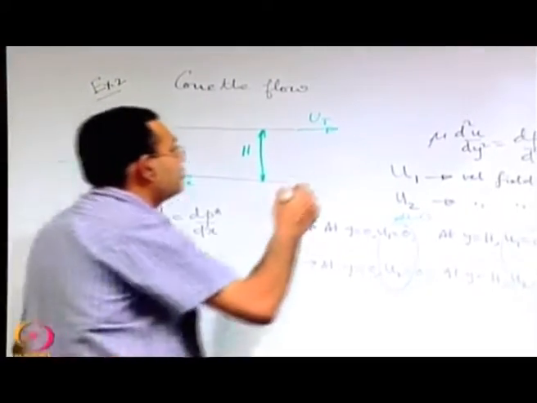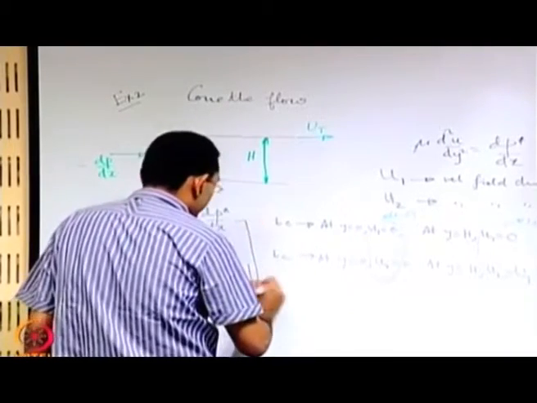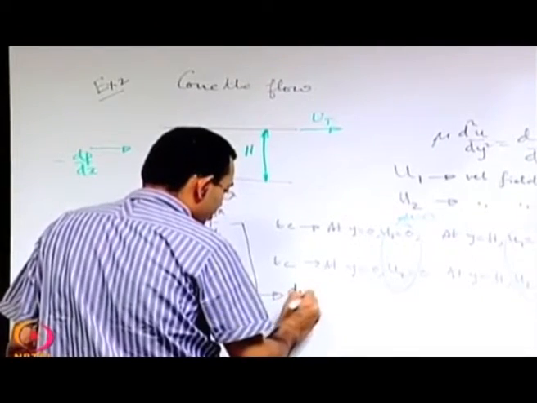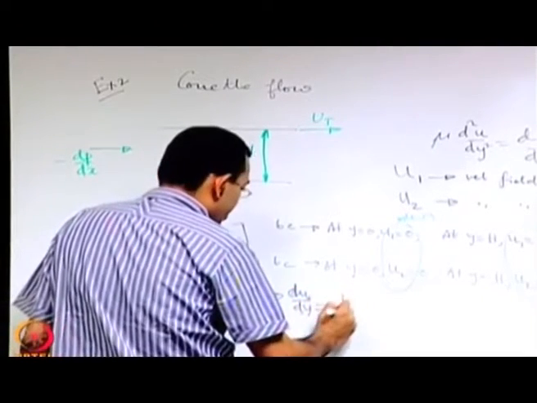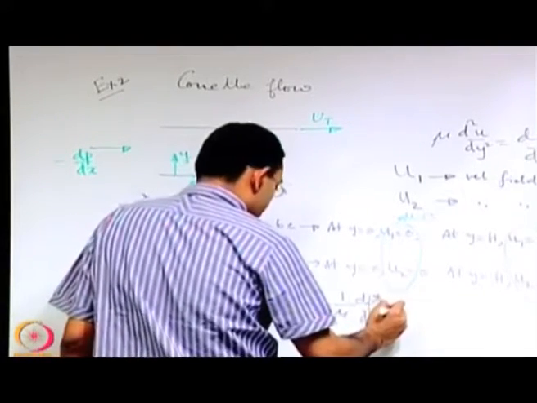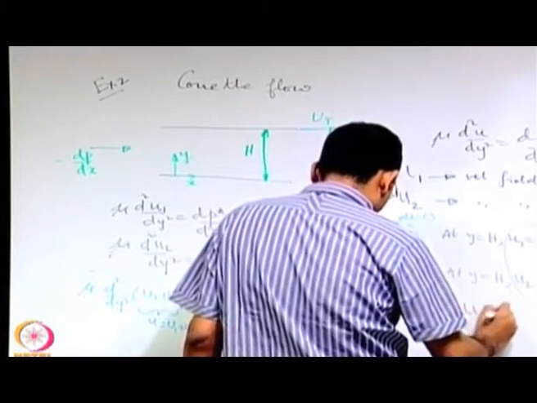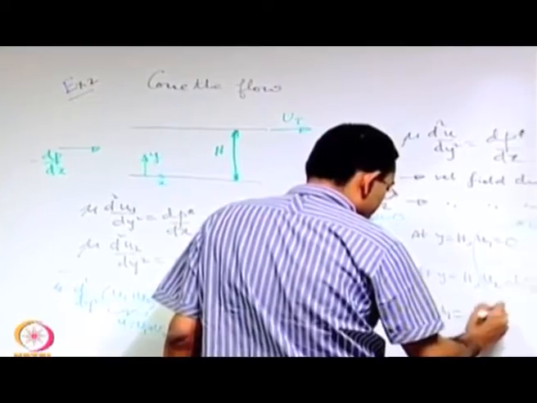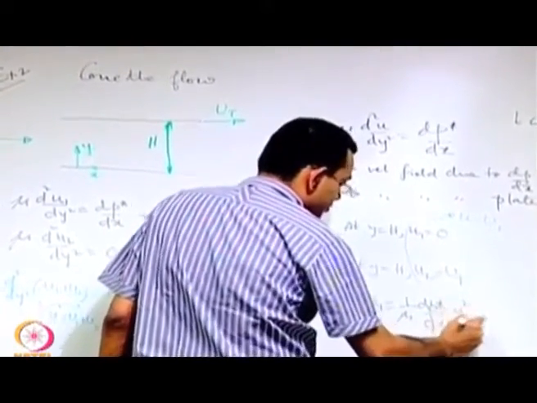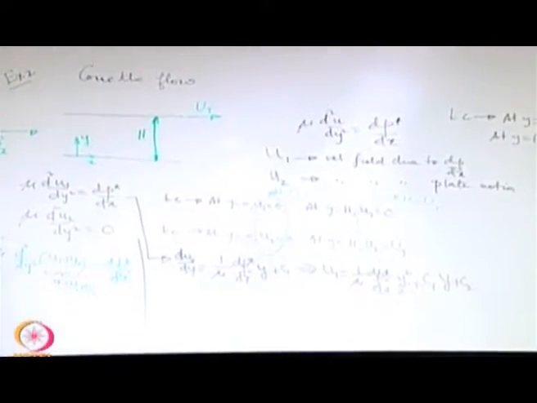So, the u1 problem, if you want to solve, basically you have to integrate it once. So, du1/dy is 1 by mu dp*/dx into y plus c1, and u1 is equal to (integrating again) plus c2.